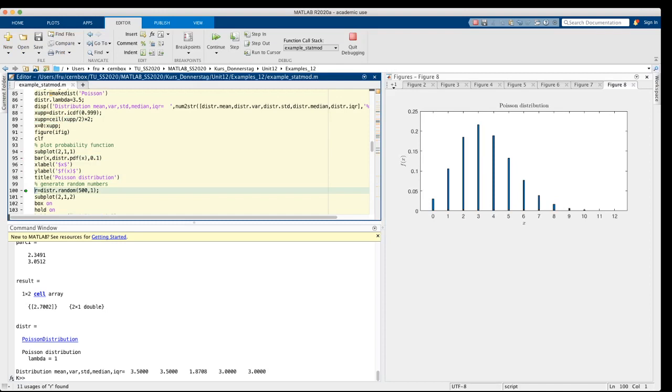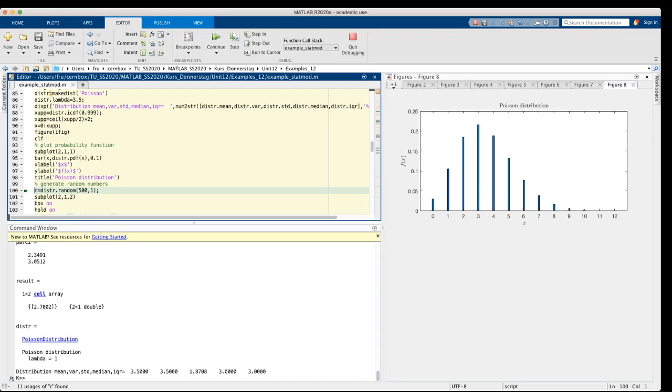So this is the probability function or probability density function of the distribution. You see that the distribution starts at 0. So 0 is the smallest integer with a positive probability. The maximum probability is at 3.